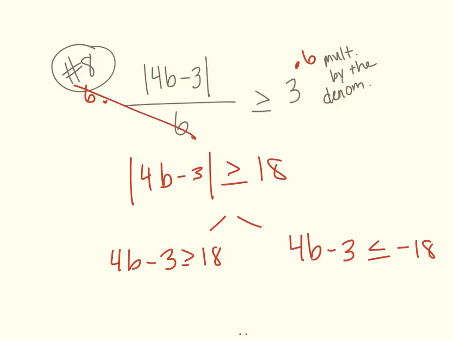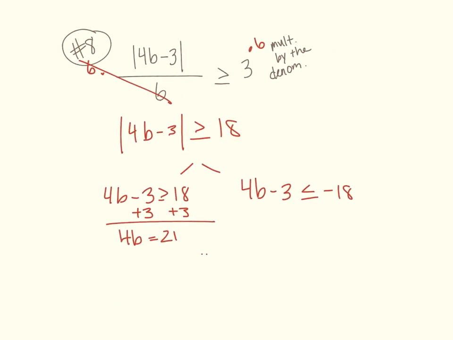And then you just solve. So add 3, you get 4b equals 21. And again, don't think you're wrong if you get a fraction, because it's okay. Or a decimal. I'm just going to keep it as a fraction.